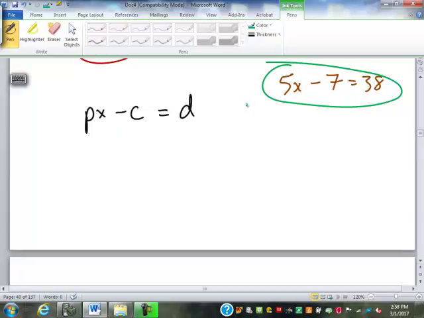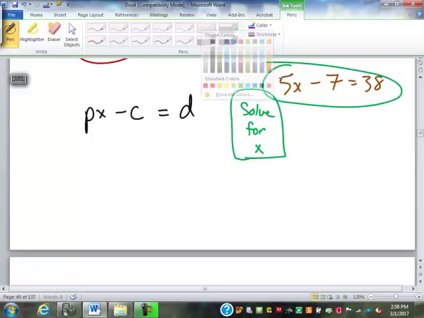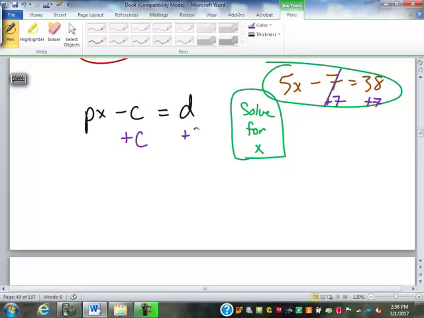If we're going to solve this for x, we do have to specify that x is the variable we want to solve for. Just like over here, we would add 7 first. Over here, we're going to add not 7, but c. Now, when we add or subtract in an equation, we only have to do it to one piece on each side.